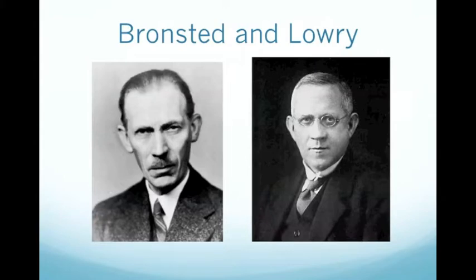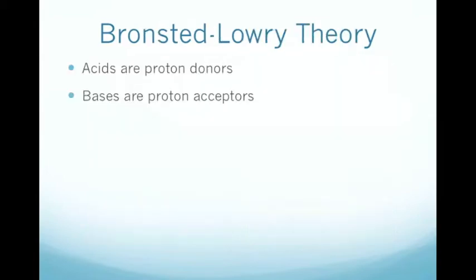And what it's based on is that acids and bases are based on the movement of the protons. Acids are your proton donors, bases are your proton acceptors. So let's see what that looks like. A proton is a positive ion, and the most common positive ion is H+.